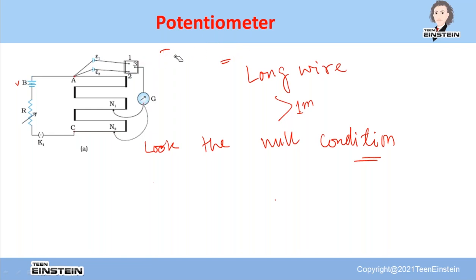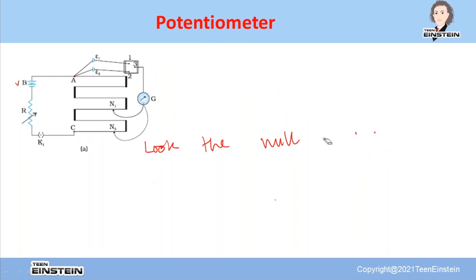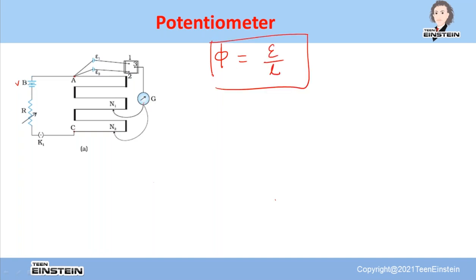See, this wire is uniform. The wire we have used is uniform, and suppose the potential drop per unit length is 5. If this is the total length of the wire, this is the potential drop per unit length.